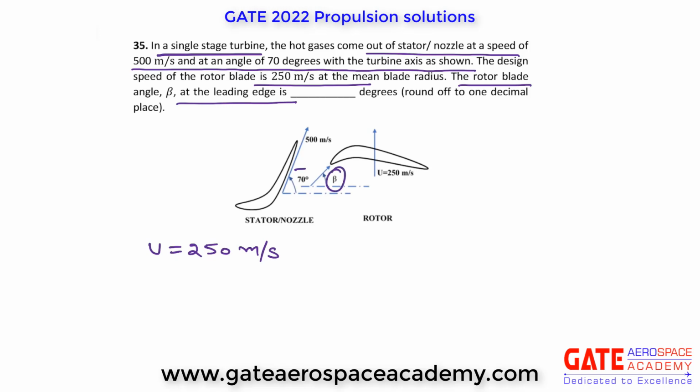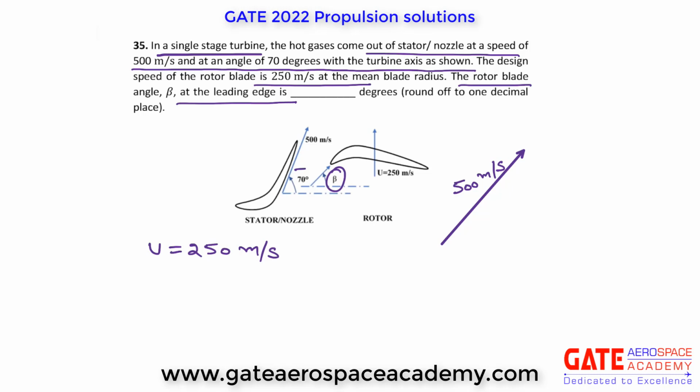So this is a very simple question. We just have to solve the velocity triangle. So they have given absolute velocity 500 meter per second. So this is 500 meter per second. So we'll draw the velocity triangle as it is given in the question itself.